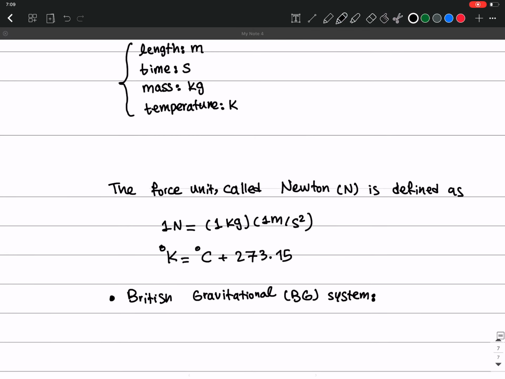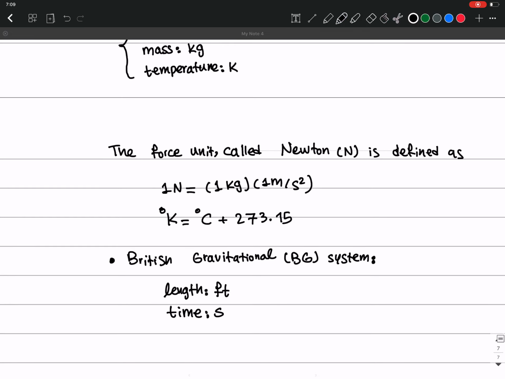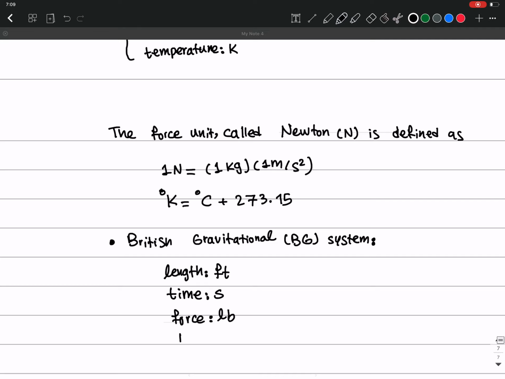And in this system, the unit of length is foot. The unit of time is the same, second. The unit of force in this system is pound. Okay? And the unit of temperature is what?